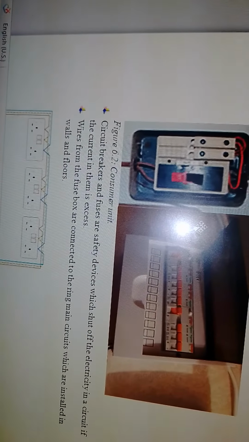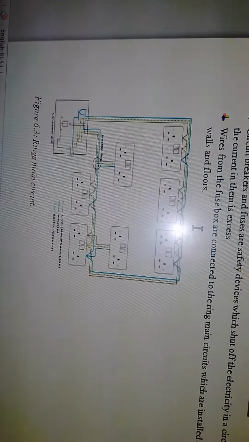We'll be looking in detail at how they really work. Wires from the fuse box are connected to the ring main circuit, which is installed in walls and floors.